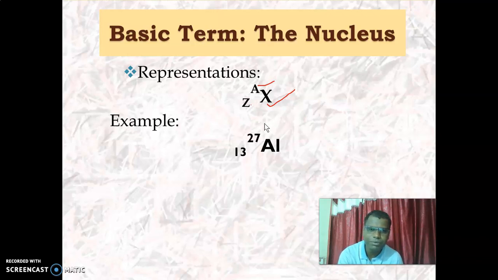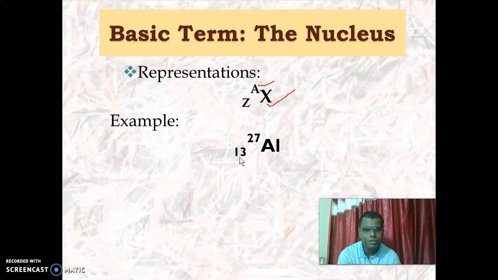For that purpose we are going to talk about one example. Here X is the nucleus of the atom, and we take the example of aluminium, or the nucleus of the aluminium atom. Aluminium has atomic number 13 and mass number 27.